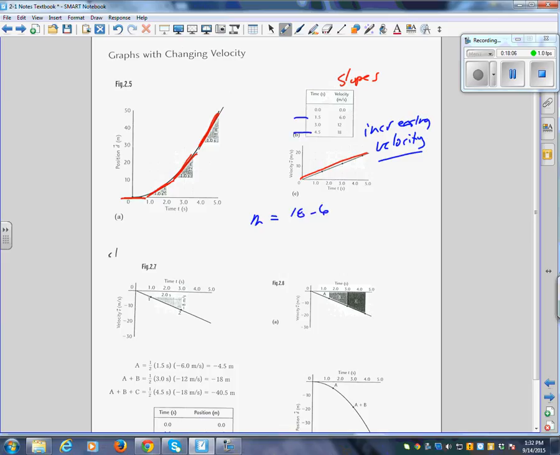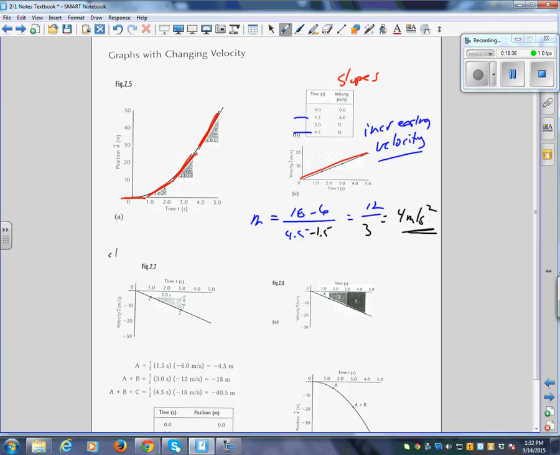18 minus 6 all over 4.5 minus 5, and you get 12 over 0.5? Well, it's not. It's 1.5, sorry. Over 3, or 4 meters per second squared.